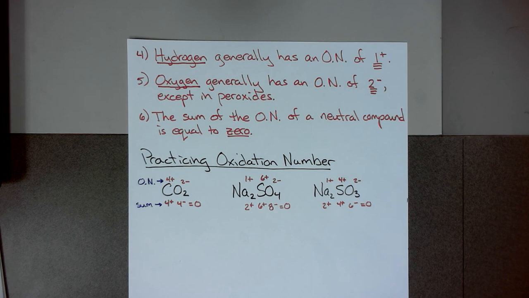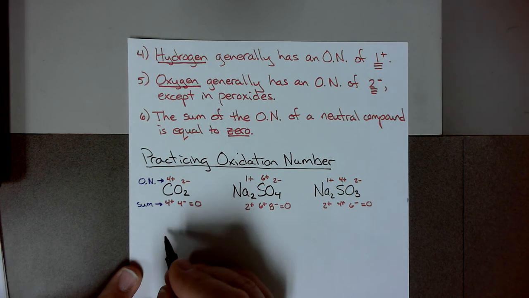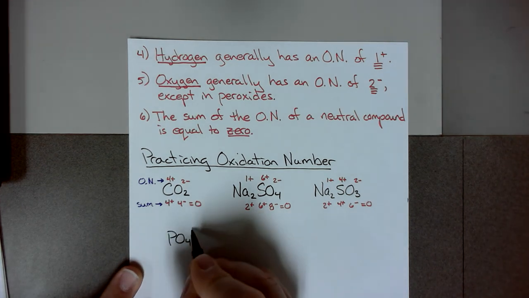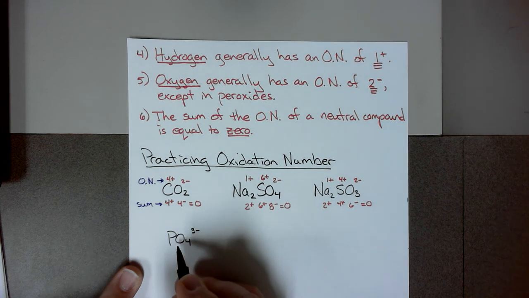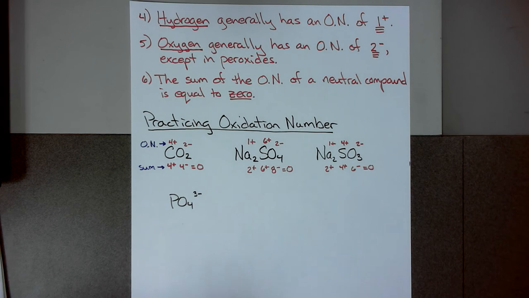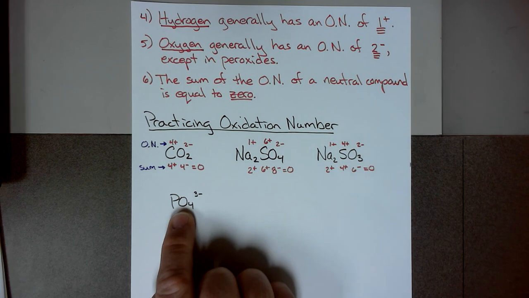Now let's look at the third rule. The third rule is about the polyatomic ion. So if we have a polyatomic ion like PO4 phosphate, and it's a 3-, well, we know that the sum of the oxidation numbers for the polyatomic ion must equal the charge.